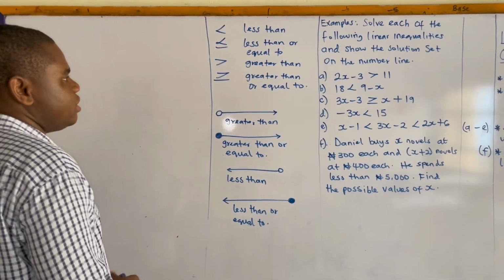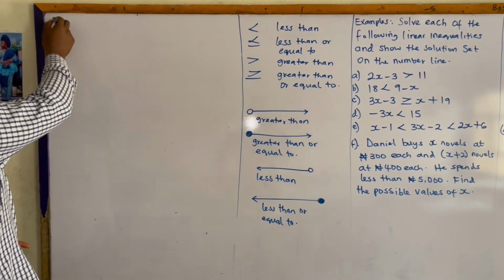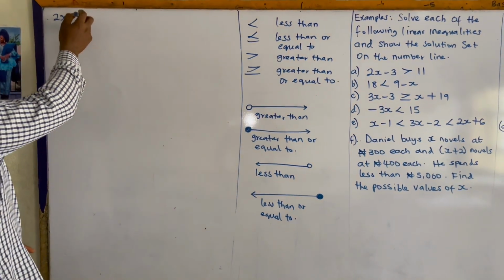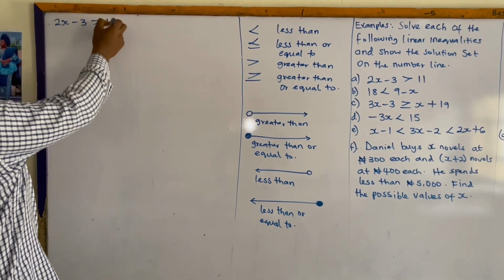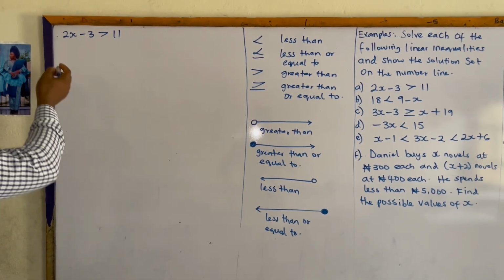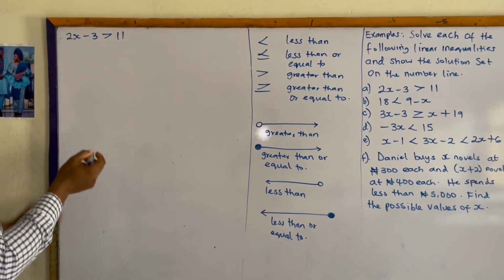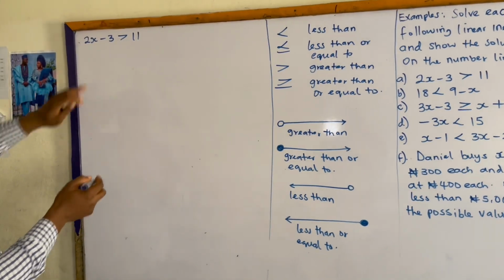Alright, question number 1 says 2x minus 3 is greater than 11. In this case, there are several ways we can solve this, but we will add 3 to both sides. The reason why I'm adding 3 to both sides is to eliminate this 3 and leave 2x on its own.